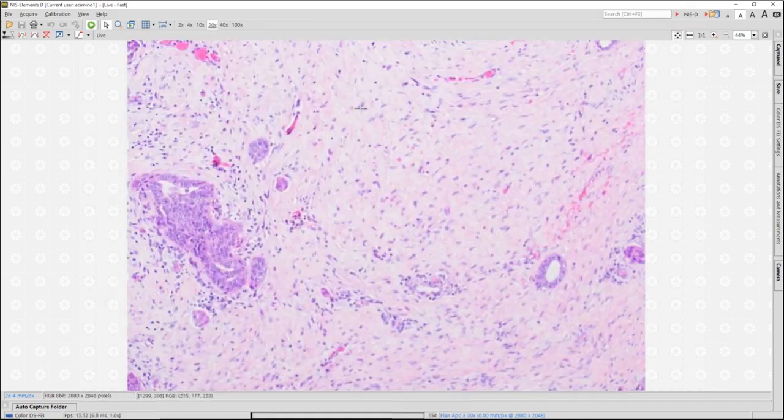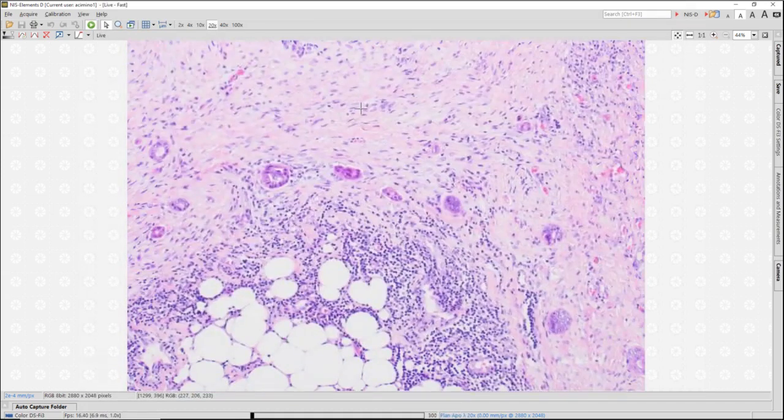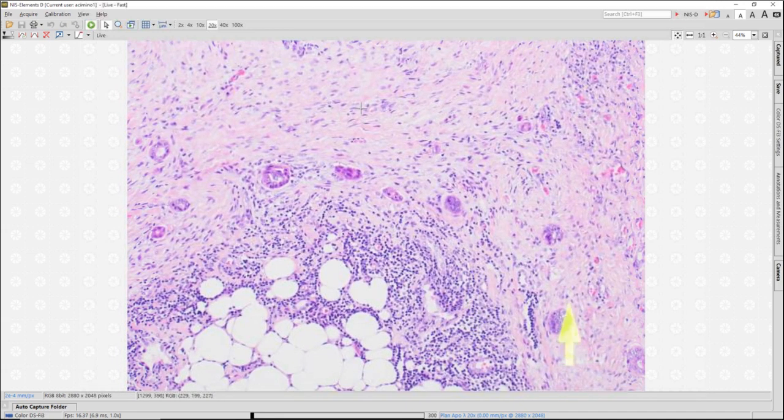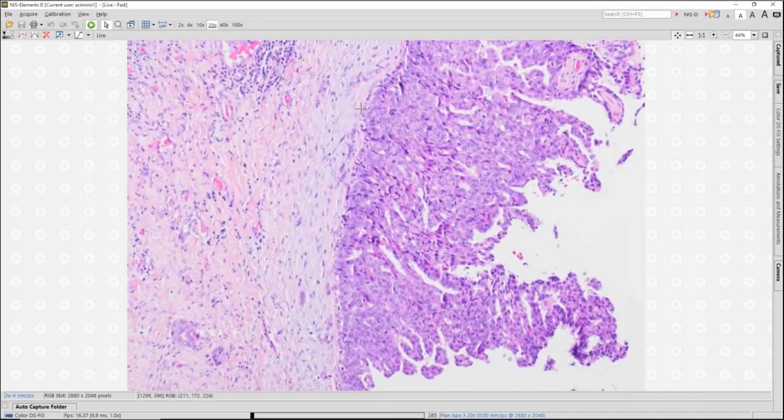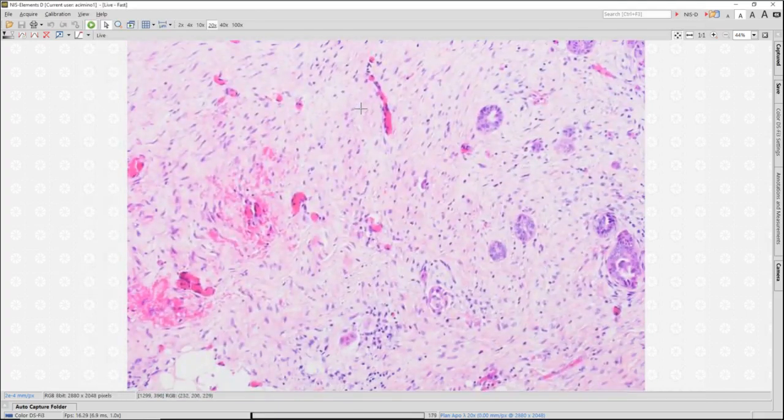If we go to higher power in these areas, I can see better that there is this chronic inflammation and reactive, if you will, fibroblasts disrupted by this injury of the needle pulling through this area, and these tiny little epithelial cells here, which resemble the usual hyperplastic cells within the papilloma right next door. They're just pulled out through because of the needle.